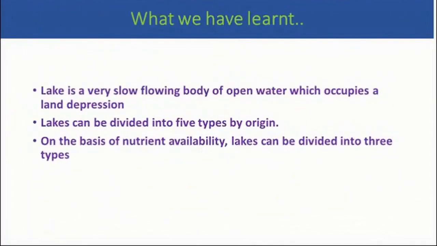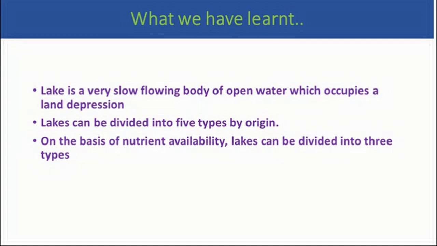So what have we learned? We have learned that a lake is a very slow flowing body of open water which occupies a land depression. Lakes can be divided into 5 types by their origin, and every type has its own explanation or definition of formation.